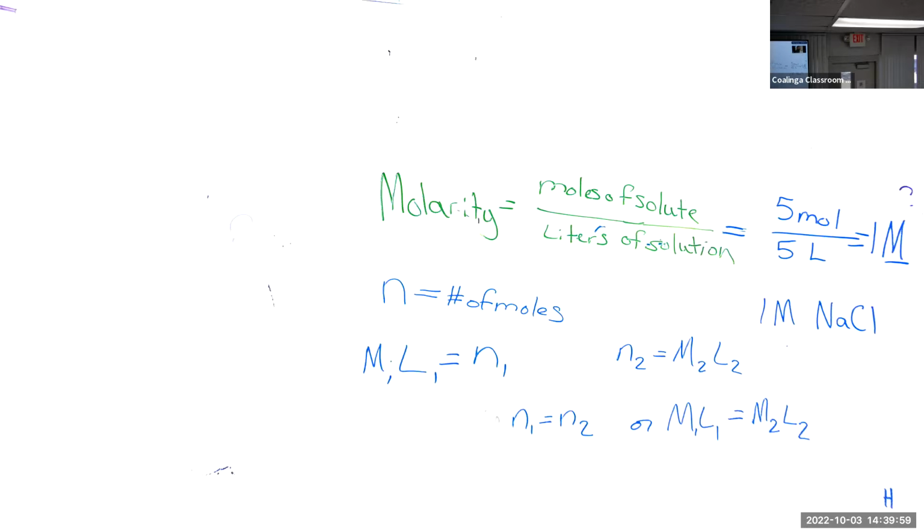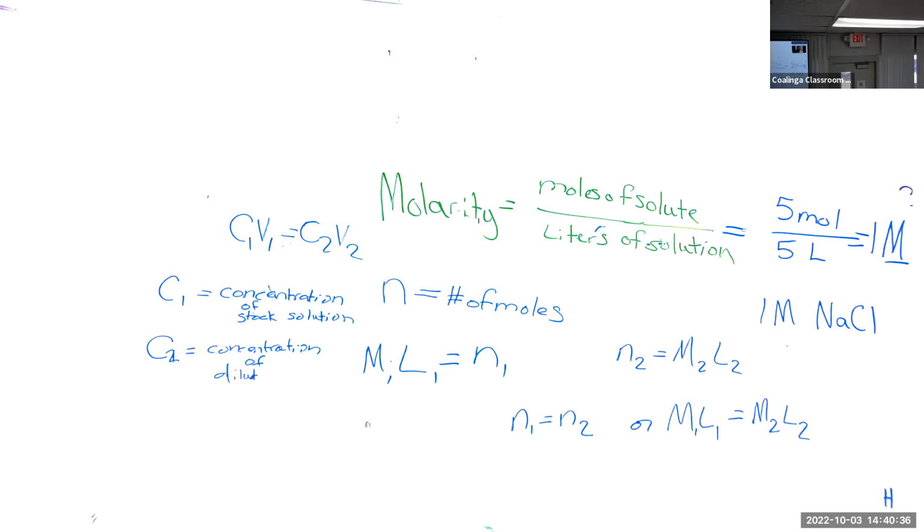And we're going to have this equation C1 V1 equals C2 V2, where C1 equals the concentration of stock, C2 equals concentration of diluted solution, V1 equals volume of stock solution, and V2 equals volume of diluted solution.